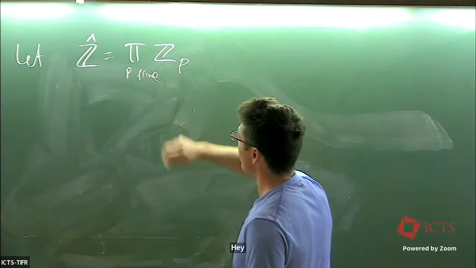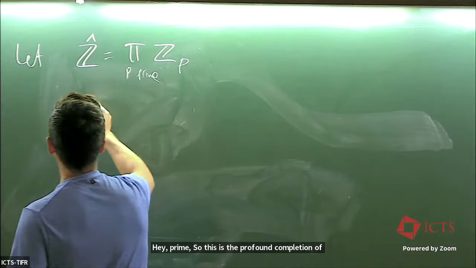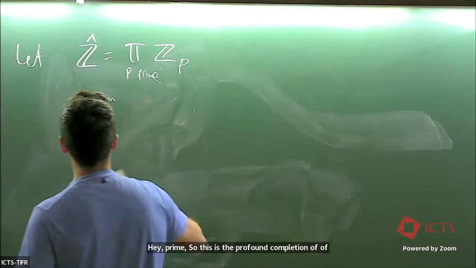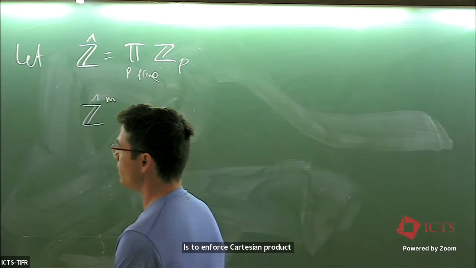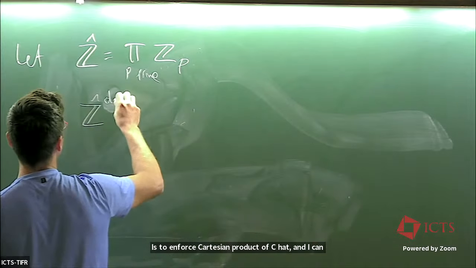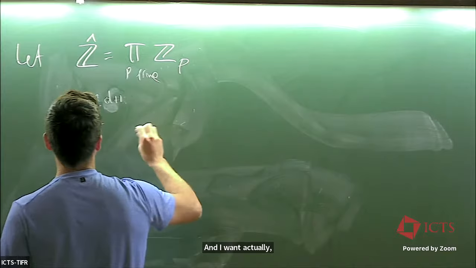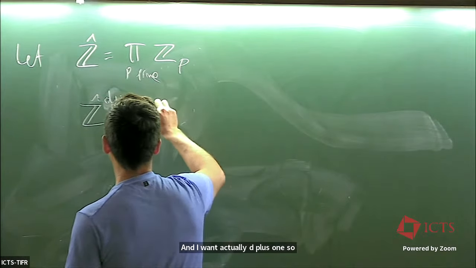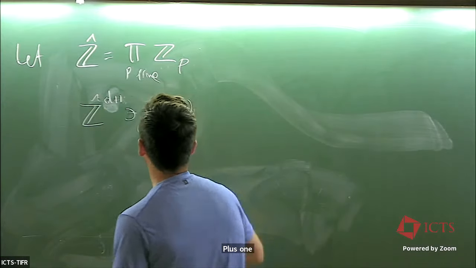So this is the profinite completion of Z, and Z hat to the d is just the d-fold Cartesian product of Z hat. Actually I want d plus 1. So Z hat^{d+1} contains VK of theta. Okay.